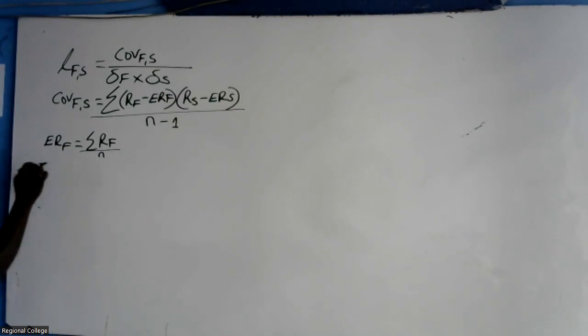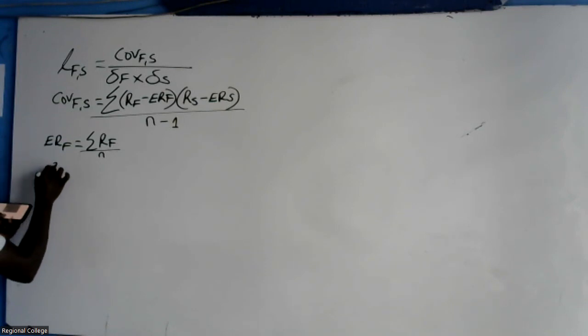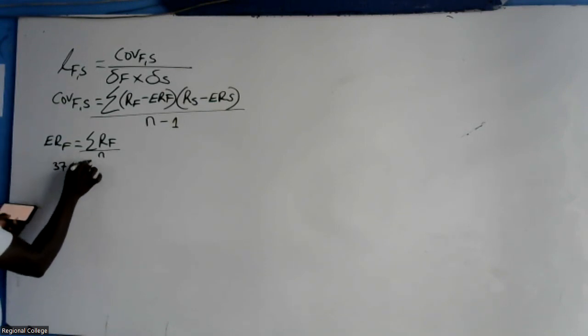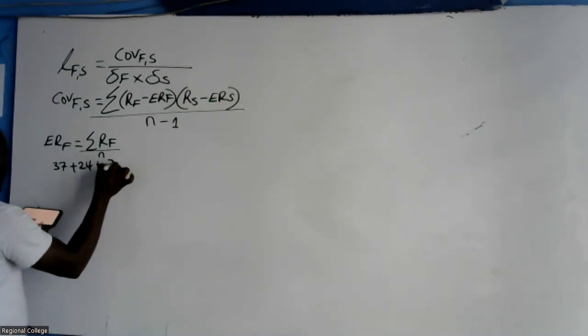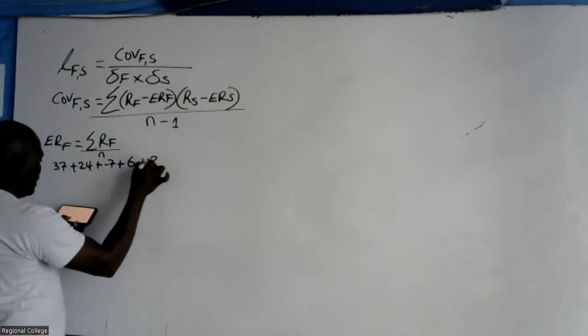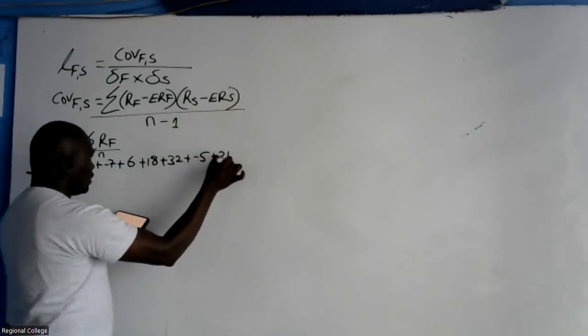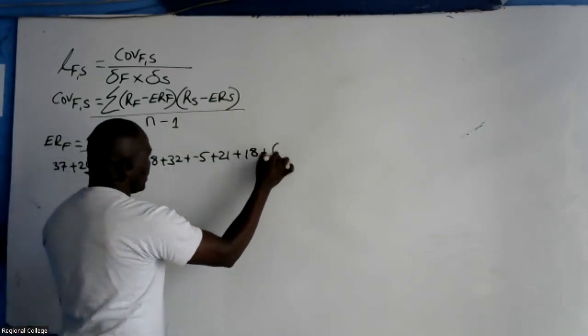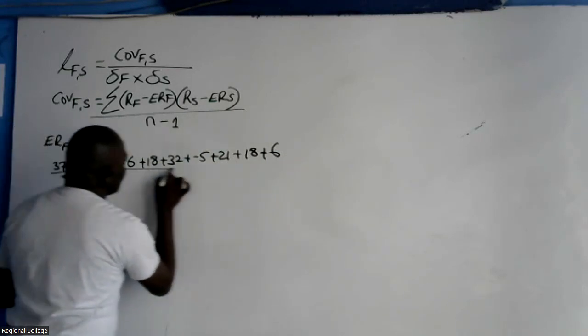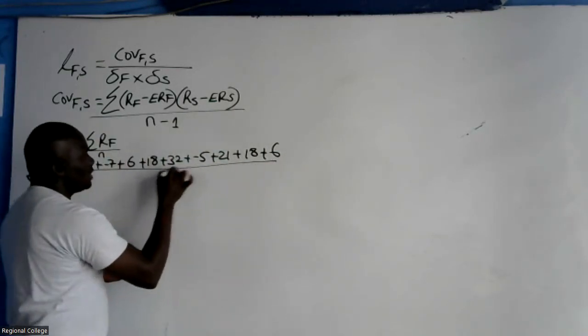So now I'm having 37 plus 24 plus negative 7 plus 6 plus 18 plus 32 plus negative 5 plus 21 plus 18 plus 6. Then everything I divide by how much? 10.